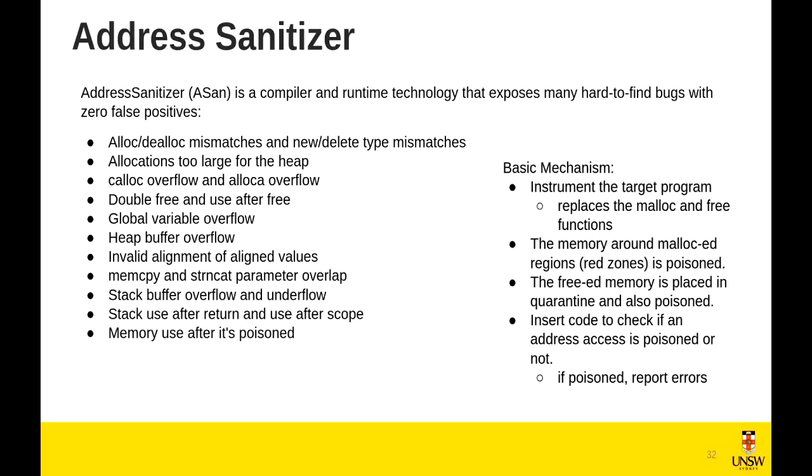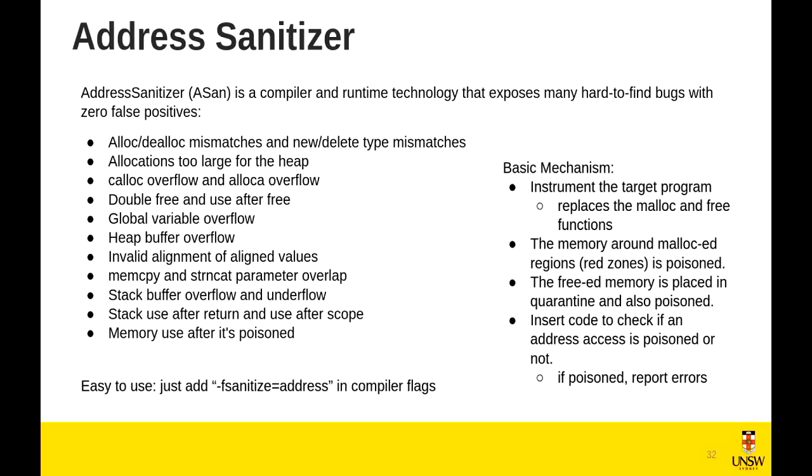It is much more complicated. The most difficult part is how to check this quickly without affecting the program's execution too much. There are a lot of optimizations and a lot of work behind it, but we just need to know the basic mechanism here.